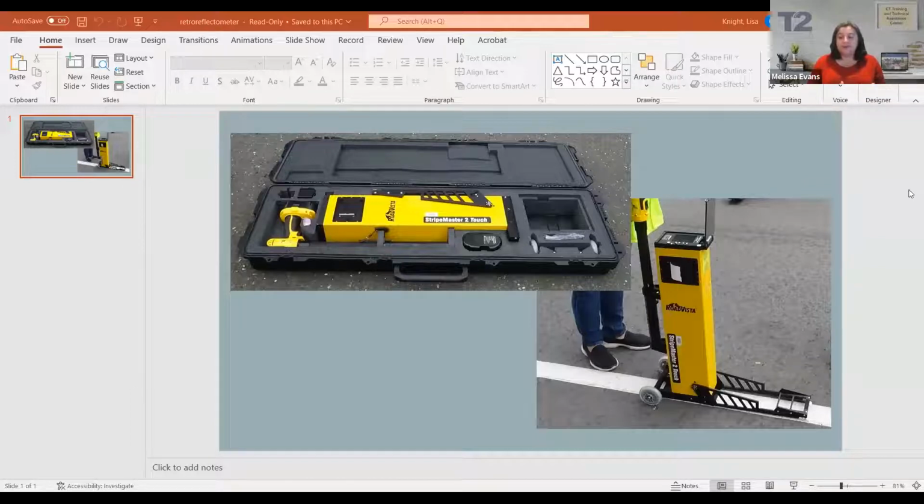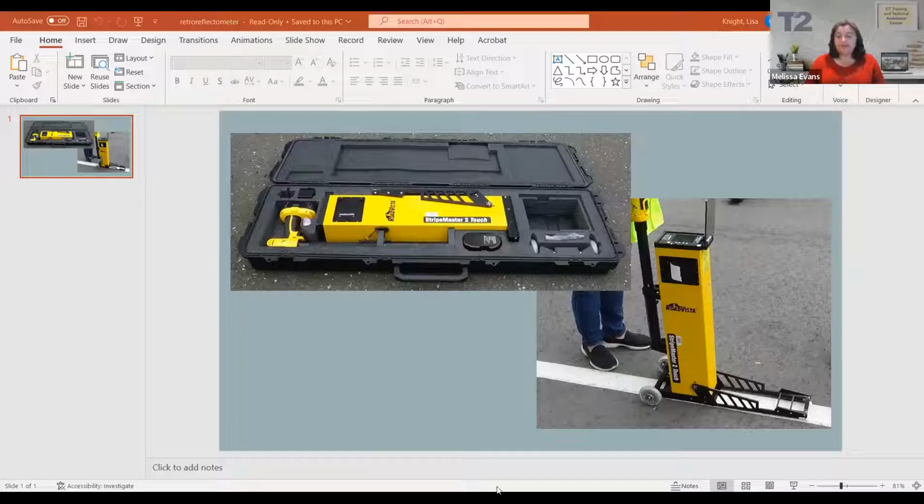You can see it on the screen here. It is a fantastic unit. If any of you have ever borrowed the Sign Retroreflectometer, it is very similar. It comes from the same company. It's a Road Vista unit. And it works in much the same way.